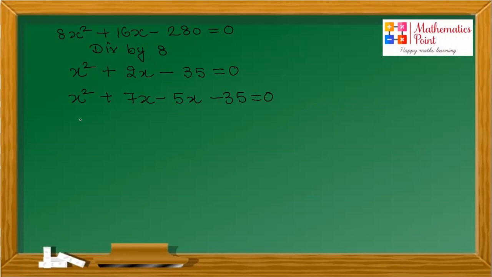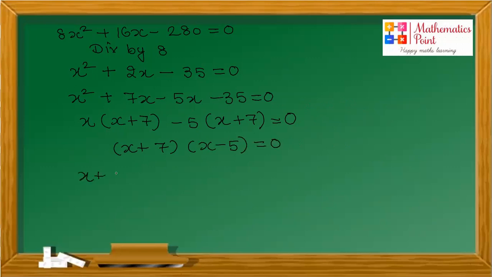So what do we get? When we take x common from first and second, we will be getting x plus 7 here. And from third and fourth term, we can take minus 5 common. So we will be left with x plus 7 is equal to 0. So we get here x plus 7, x minus 5 is equal to 0.